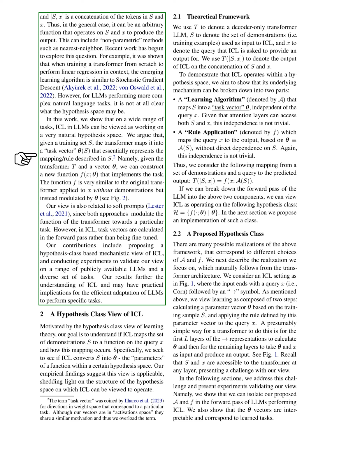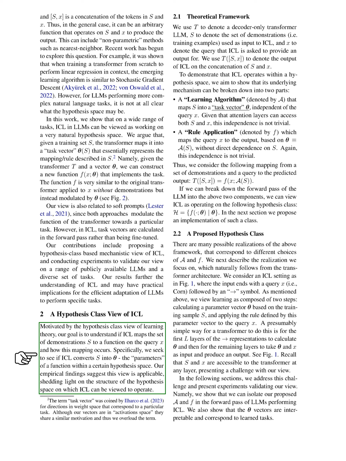However, in ICL, task vectors are calculated in the forward pass rather than being fine-tuned. Our contributions include proposing a hypothesis class-based mechanistic view of ICL, and conducting experiments to validate our view on a range of publicly available LLMs and a diverse set of tasks. Our results further the understanding of ICL and may have practical implications for the efficient adaptation of LLMs to perform specific tasks.